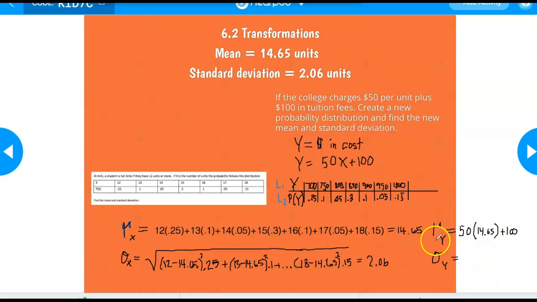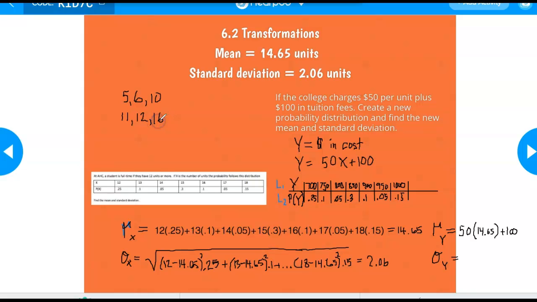So if we multiply that out, we get our mean. And standard deviation doesn't work that way. If we add a number to standard deviation, then standard deviation remains the same. In the example I gave, just a refresher, if I got some numbers, 5, 6, 10, and I add 6 to each of those, I get 11, 12, 16.